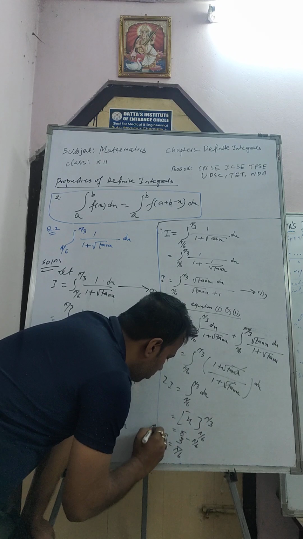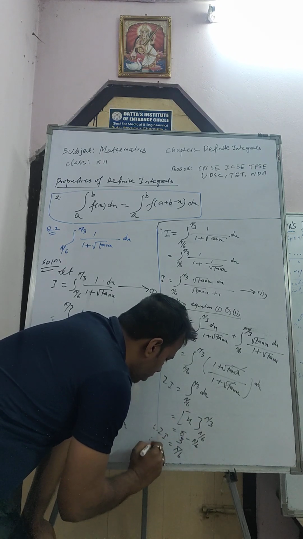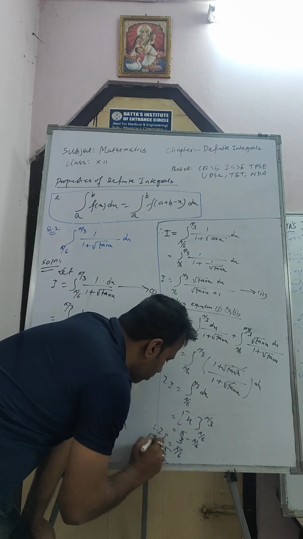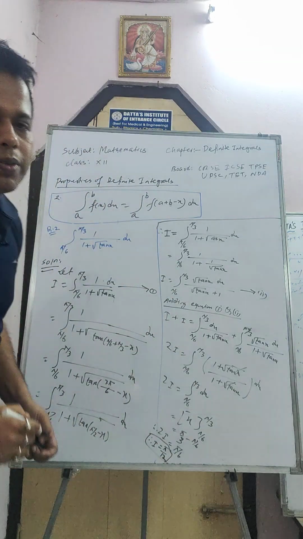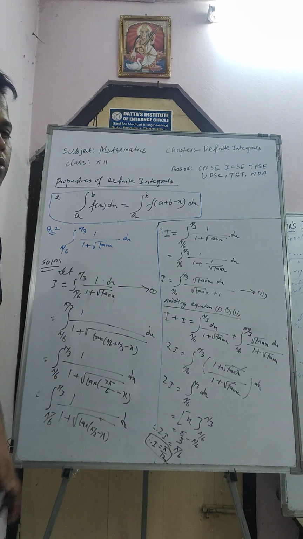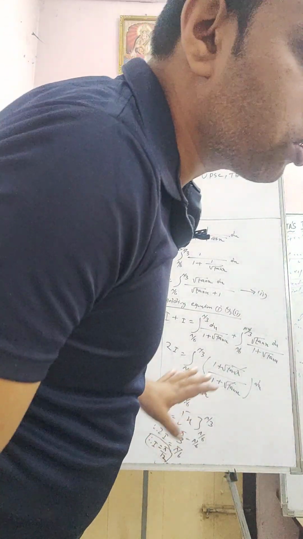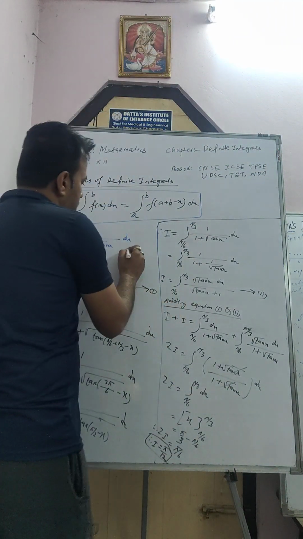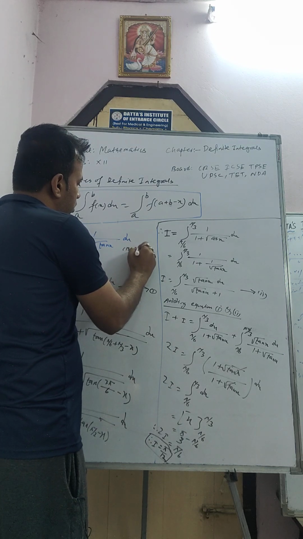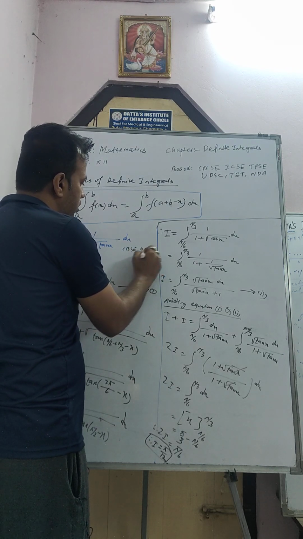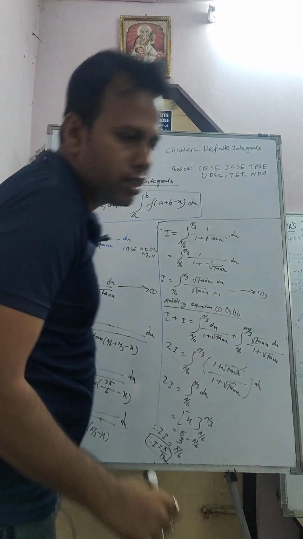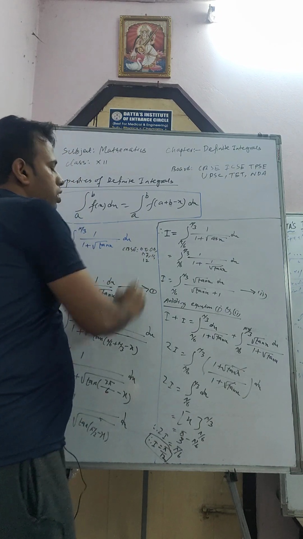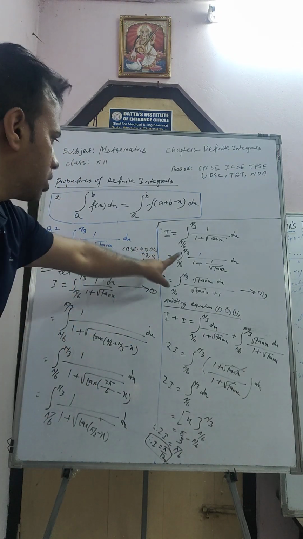So 2I equals this, then I equals what, sir? I equals pi by 12. Okay, so the answer came out. This question came in CBSE in 2005, 6, 7, 11 and 12.